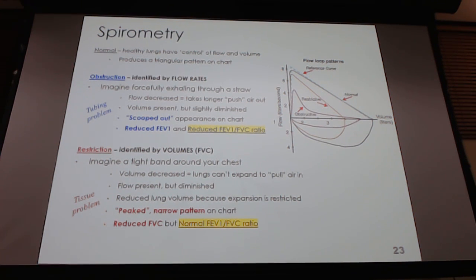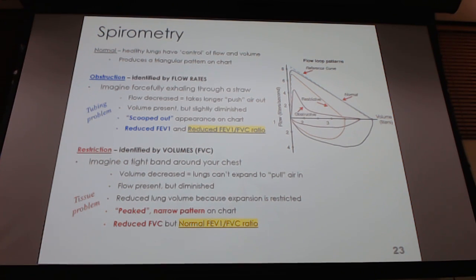It's just, look at the sad flow, right? Usually we get all that air out and then it tapers off. Here, it just takes us longer to get that air out. So when we put that tick line at 1 second, it's decreased from what we consider normal. So the total volume, the FVC, the capacity might be within normal limits, but that FEV1 FVC ratio is decreased. This is how it looks graphically.